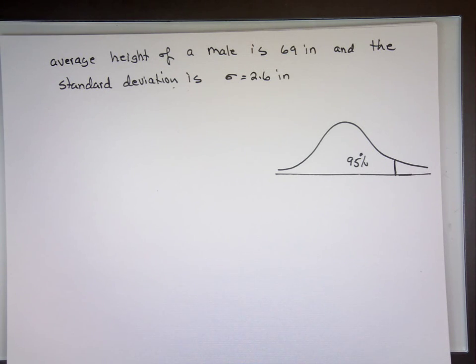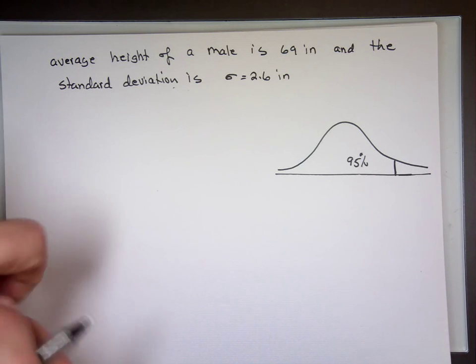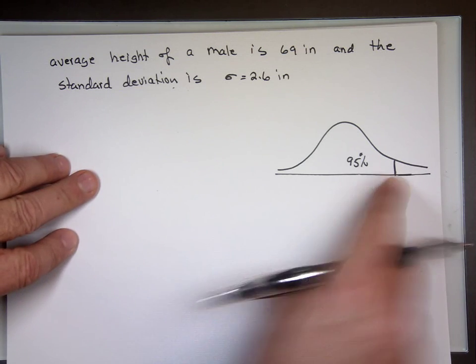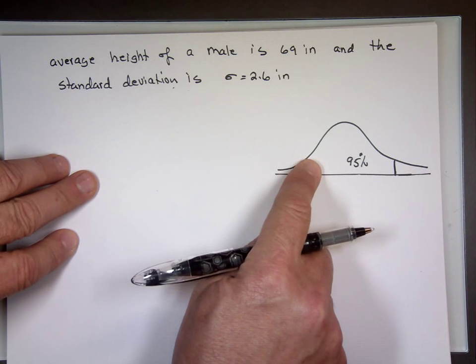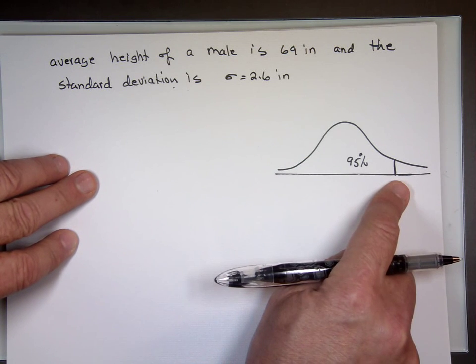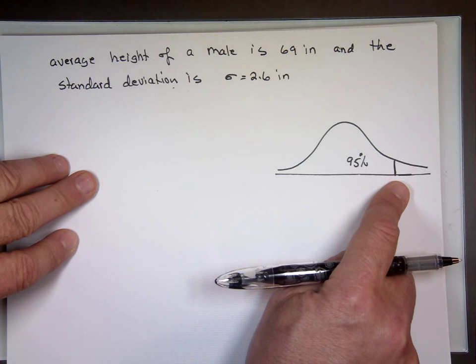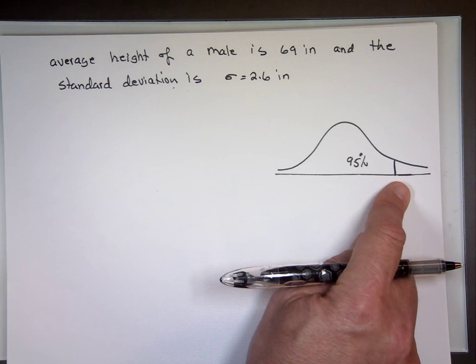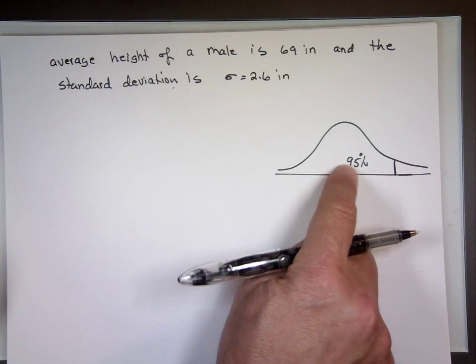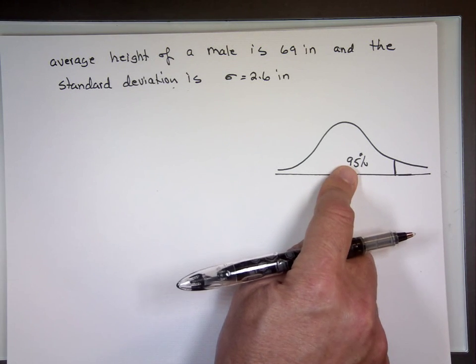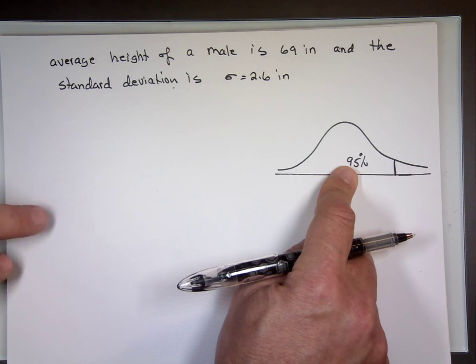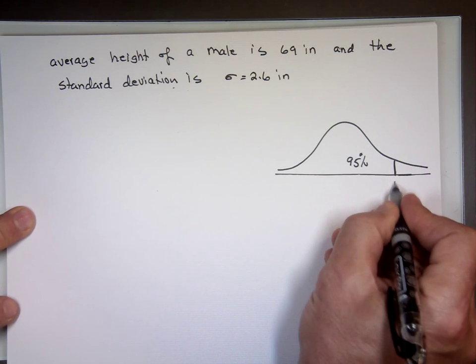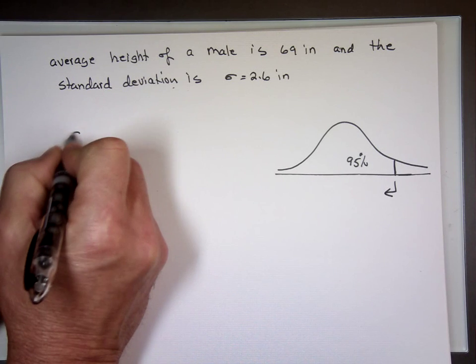Because 95%, it's 2 from here and 2 from here, right? You're going to do 2 standard deviations from the positive z-score? Maybe. Well, the way I'm going to do it, I know this area is 0.95. We're going to work the problem backward. So what z value here? Find the z value.